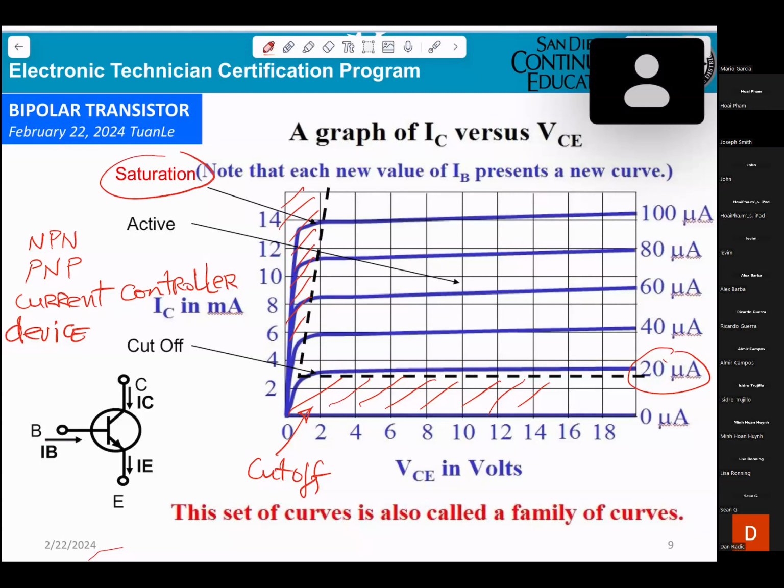And the part in here, they call it active. When you want it to be saturated, you want it just like a switch. It can be on, it can be off. Cutoff means completely off. However, when we want to use the transistor to build an amplifier, that's the active region, for amplification.